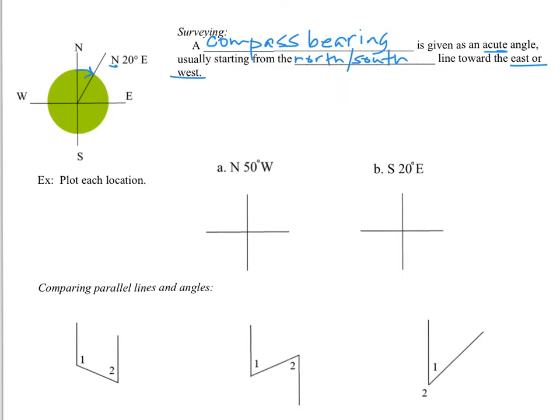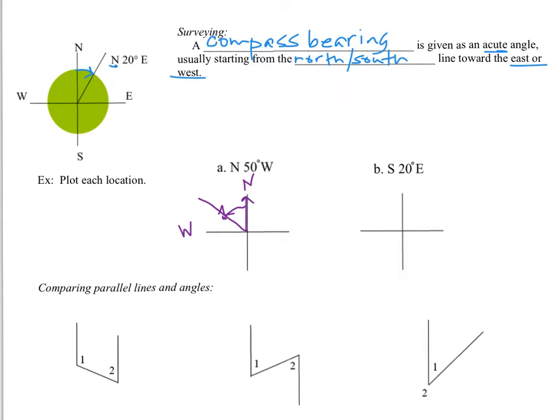Let's try a couple of examples. Down below, example A, north 50 degrees west. That means we're going to start at the top like we normally do, but we're going to rotate in the direction of west. So here's where we begin, and if we rotate 50 degrees, it's a little more than halfway in that west direction. That's the direction in which we rotate.